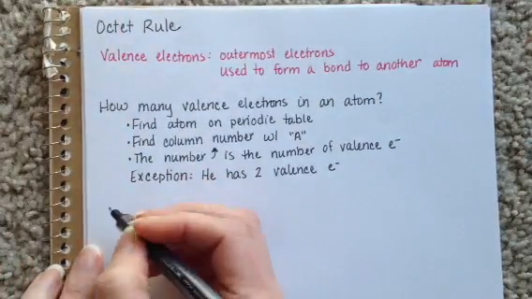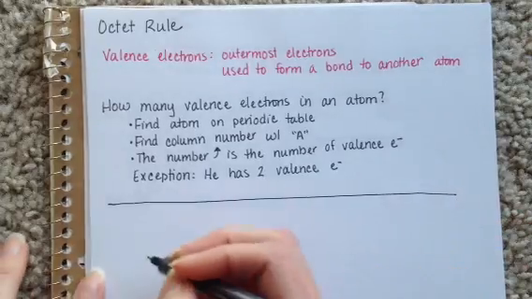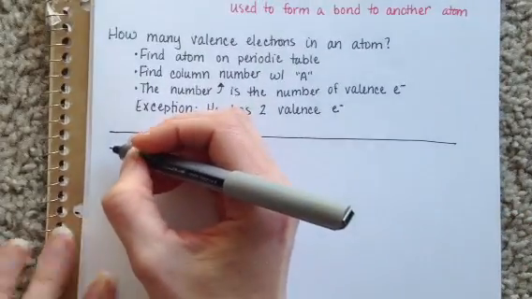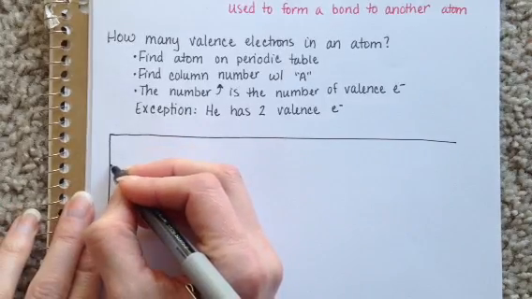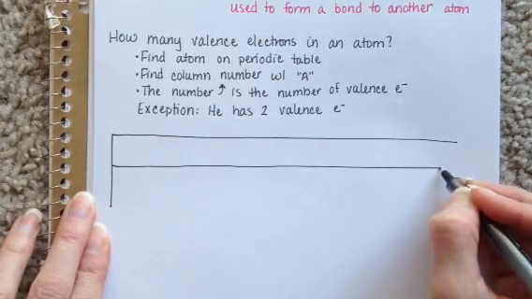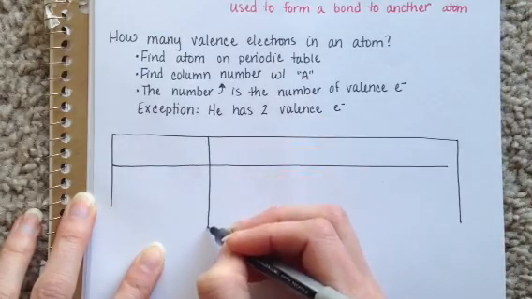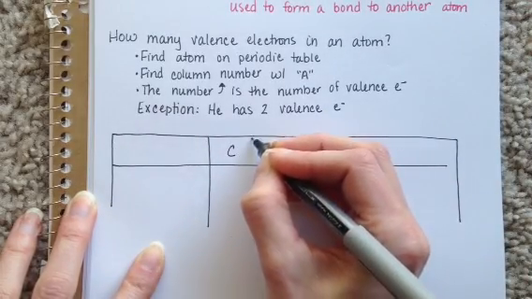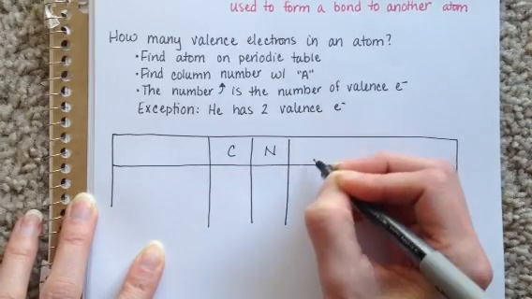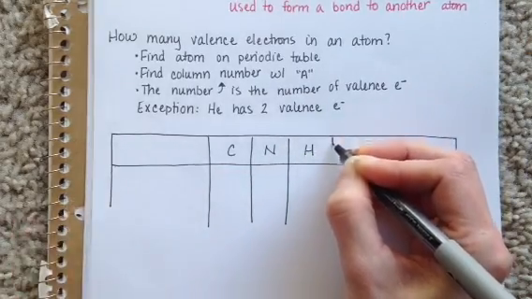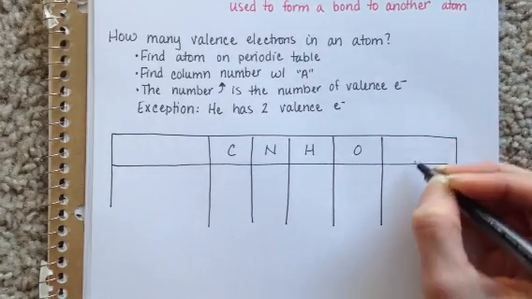So what we're going to do next is practice finding valence electrons for a few different atoms on the periodic table, and then we're going to start putting this together to figure out how we can predict bonding for an atom. We're going to make a little table here. We are going to do carbon, nitrogen, hydrogen, oxygen, and chlorine.